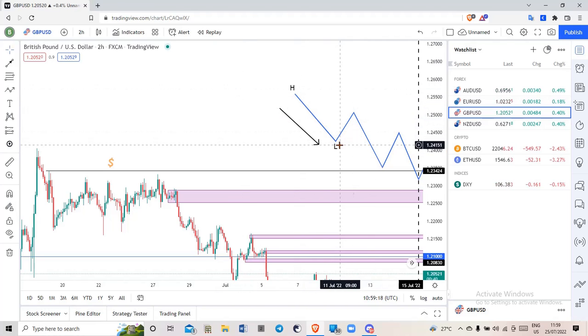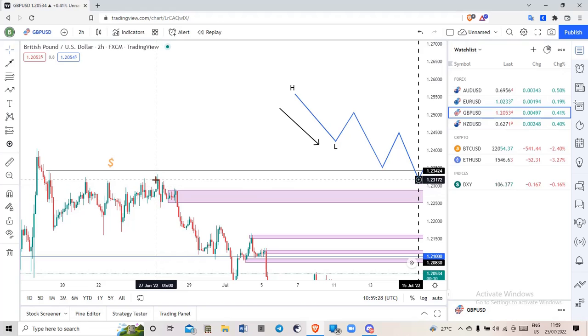Then immediately it got to this point, it bounces to make a little bit of a high that is not up to this high. Let's come back to this. Look at where my cursor is. Like I said, this is the ceiling where it bounced from. It went down to this point, and then it went up, but it didn't get up to this point.